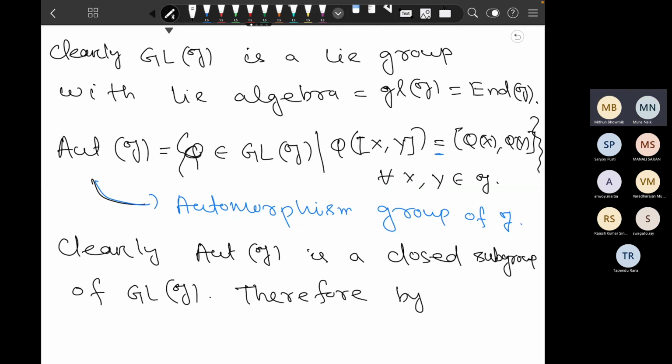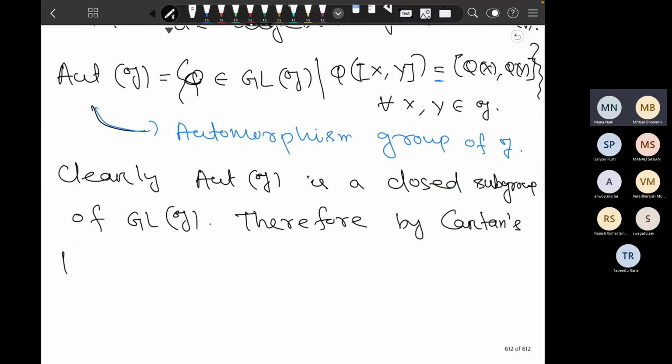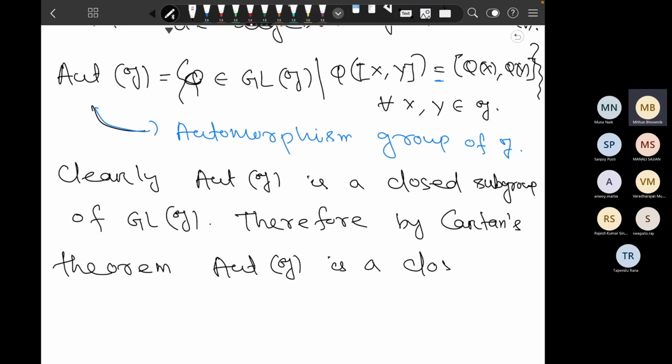Therefore by Cartan's theorem, Aut g is a closed Lie subgroup of GL(g).